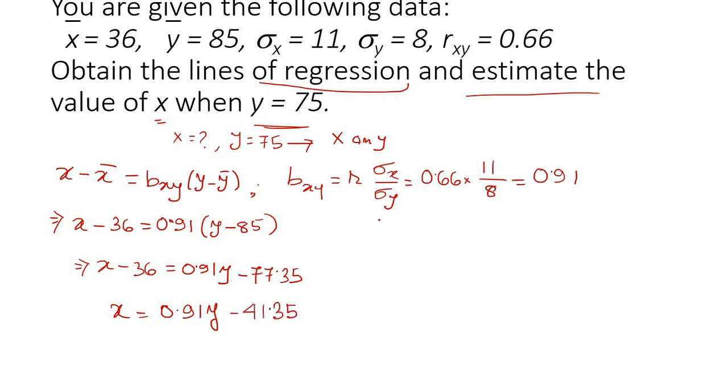So this is the x on y equation. Well, then we get the y on x equation. That is y minus y bar equal to byx into x minus x bar. So this is y minus 85 equal to byx.